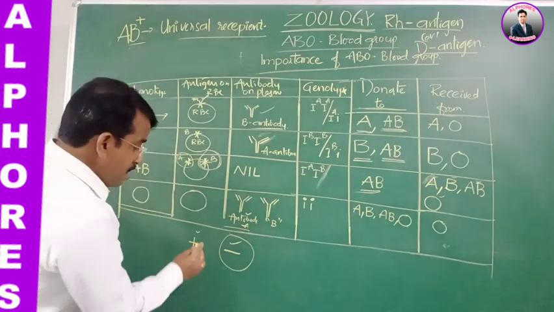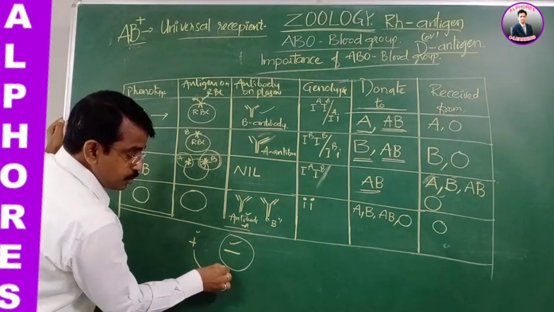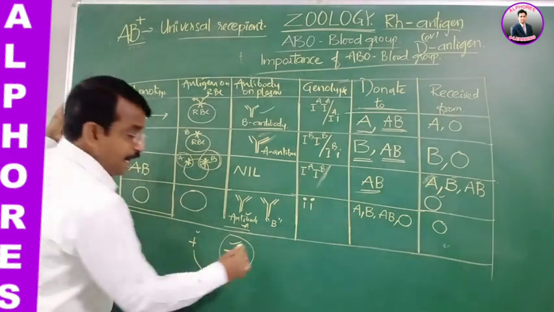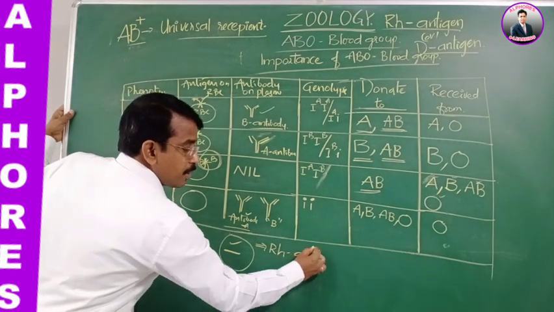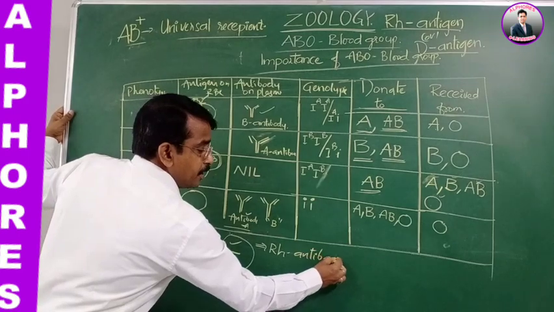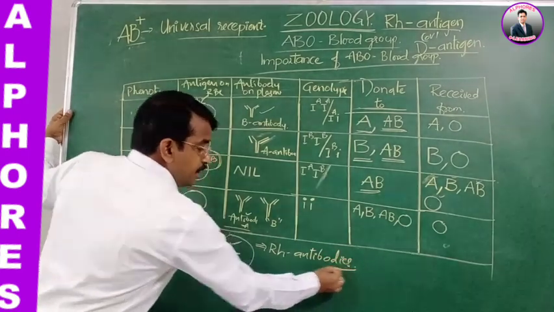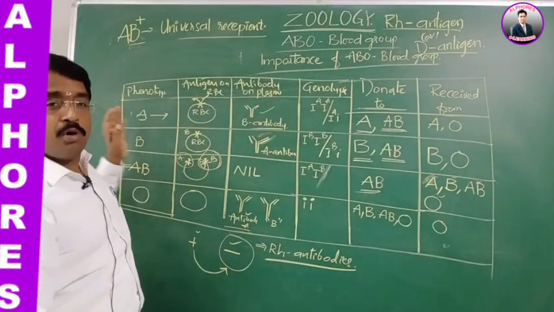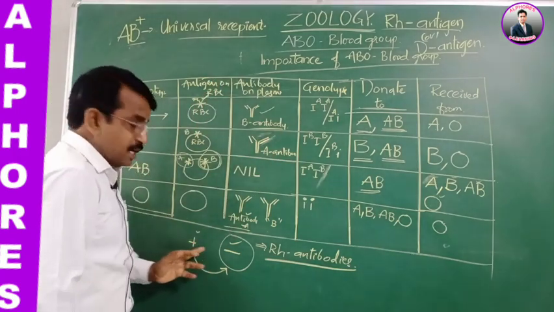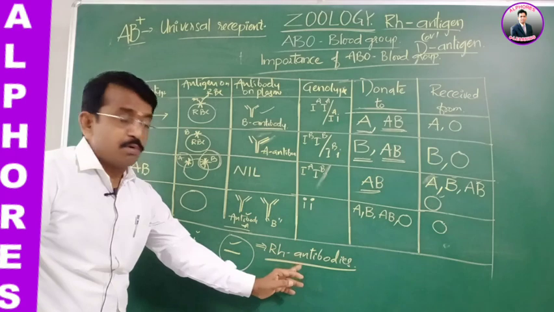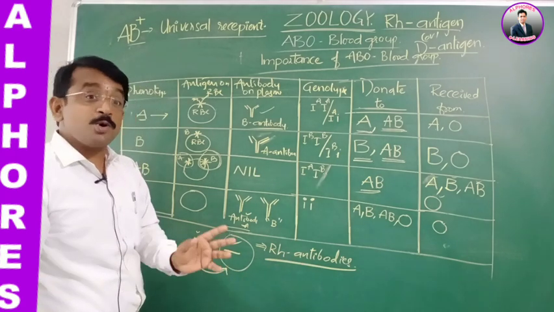When positive blood is given to a negative individual, Rh antibodies are produced in the negative individual. I repeat, Rh antibodies do not exist naturally. When positive blood is given to a negative individual, Rh antibodies are generated.